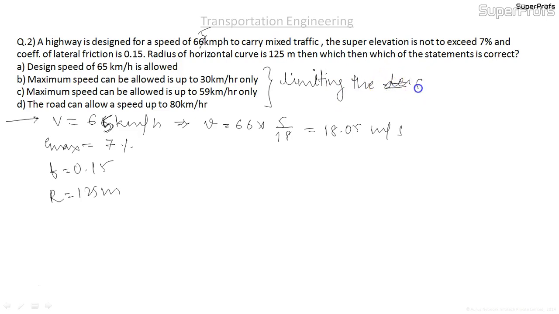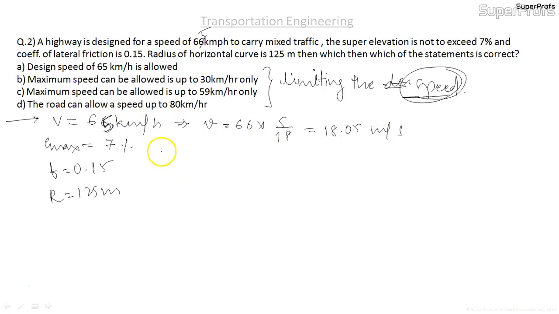So where we studied this limiting speed, step number 3 speaks about limiting the speed on the super elevation on the horizontal curve. So let us check out what step number 3 says in the design of horizontal curve.